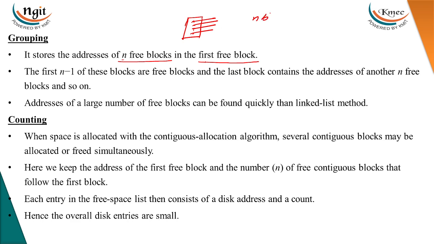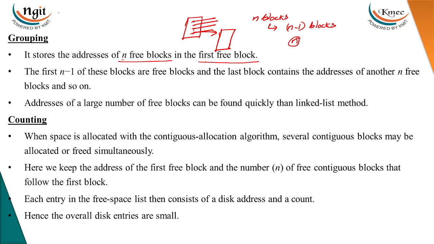Within these n blocks, the first n minus 1 blocks are free block addresses, followed by the last, nth block. The last block will point to the next free space index blocks.